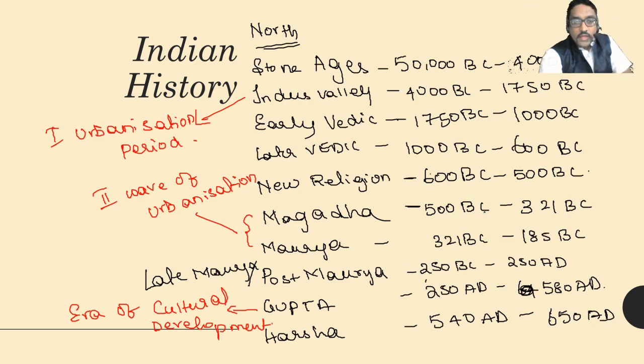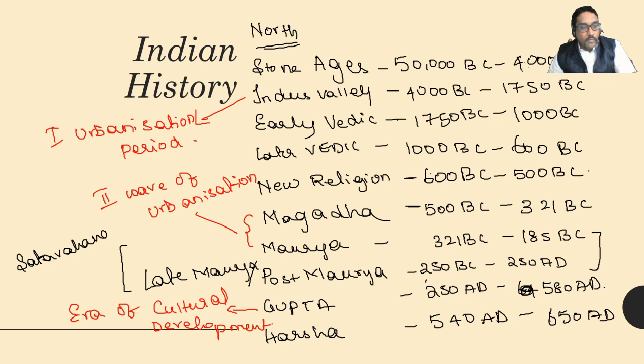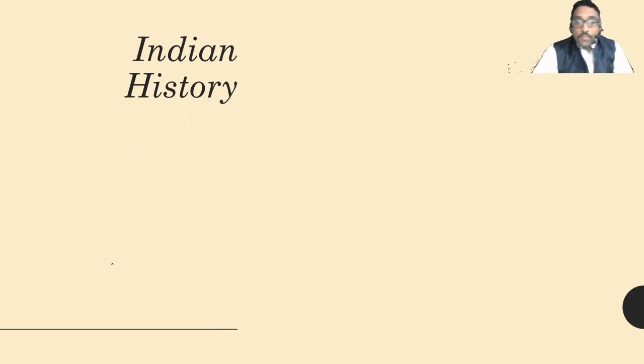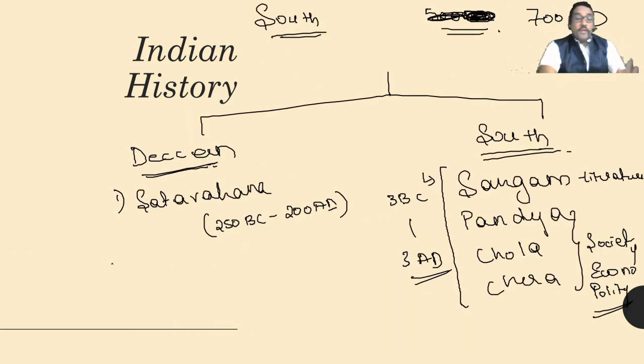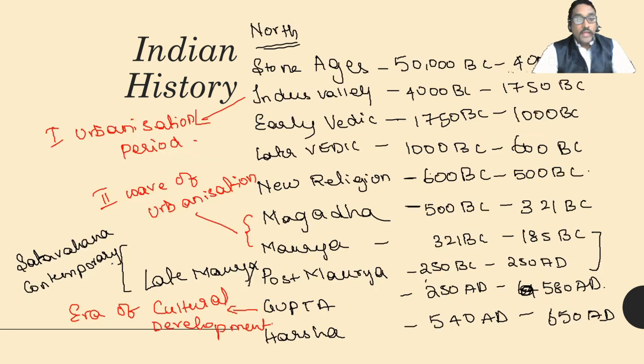So we see late Maurya and post Maurya era. These people are Shatavahana contemporaries. And the same way, because it is the 3rd century BC to the 3rd century AD, that era is also the period where we see them as contemporaries of Maurya to Gupta.